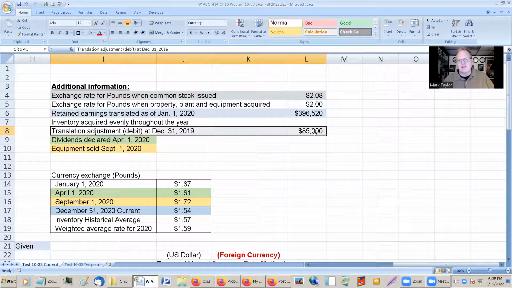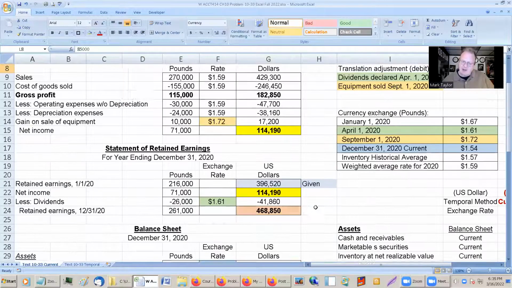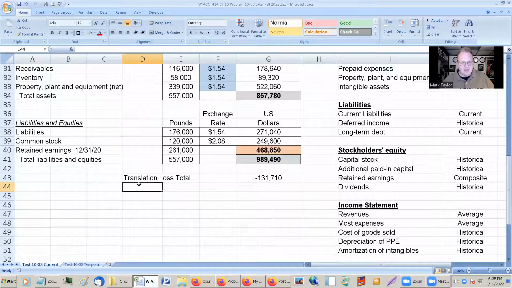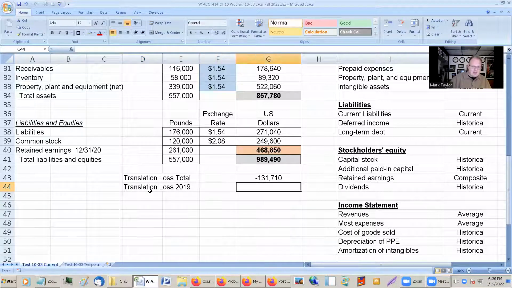A debit is like an expense, it'll be a loss. So the loss in 2019 was 85,000. We're going to need that down here.